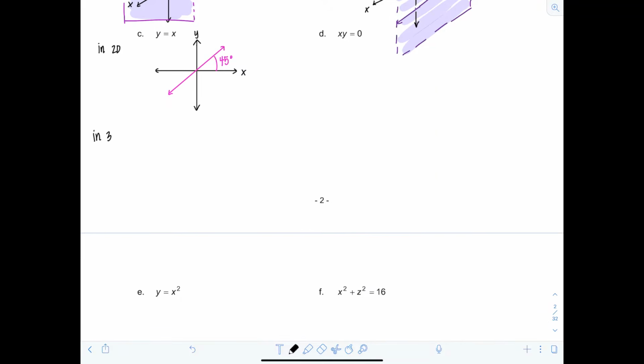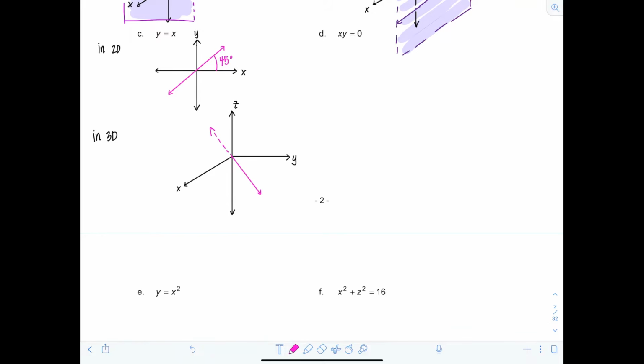Here we go. In 3D, I'll draw my z-axis a little longer. Yeah, let's go for it. And then here's the x-axis. Here's the y-axis. Here's the z-axis. Okay, so x equaling y, that's going to come this way, right? This is the equivalent to what was in quadrant 1. And then that's going away from us.